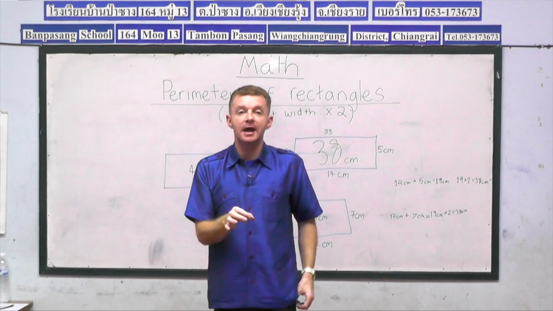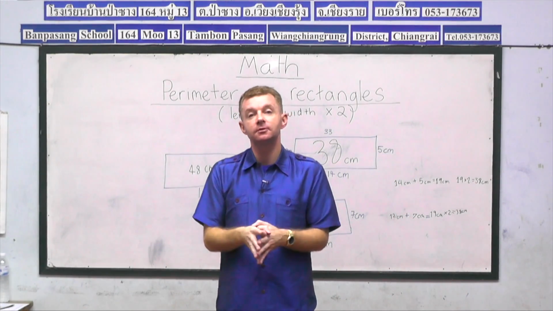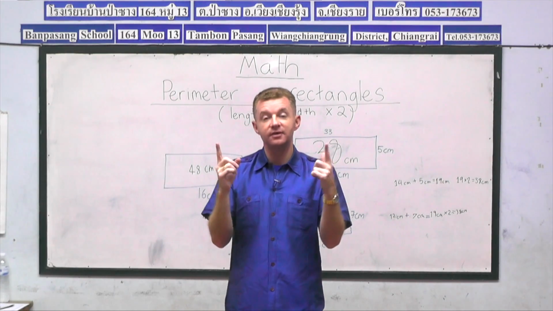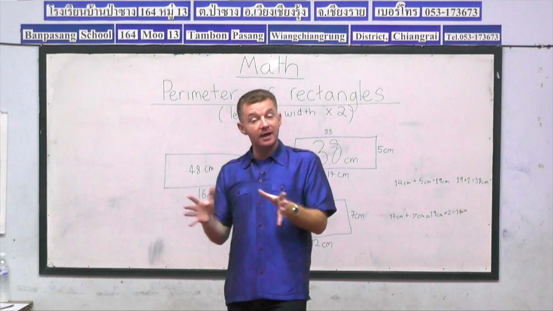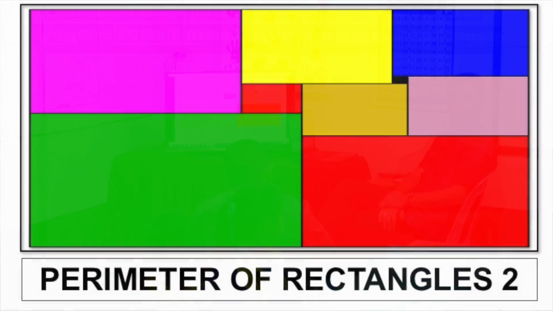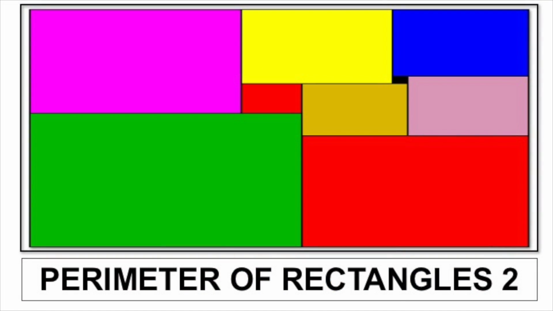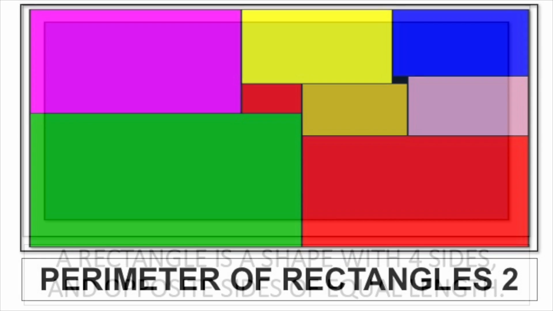So what we've got now is a PowerPoint presentation for our students to observe, listen to, and also practice speaking. So let's turn to look at the TV screen, please, guys. So let's take a look at our PowerPoint presentation today, Perimeter of Rectangles, Lesson 2. And today we're going to look at working out the perimeter of squares.